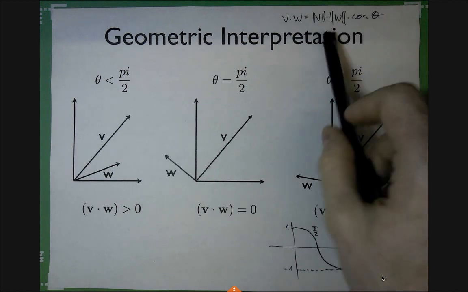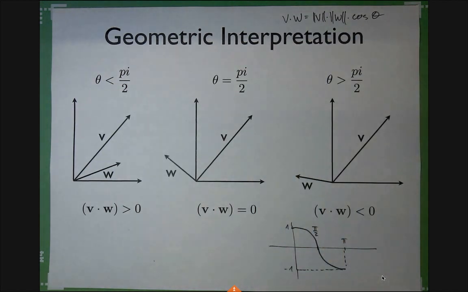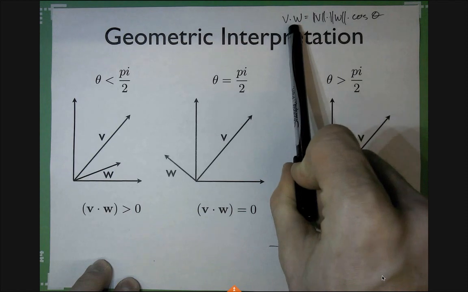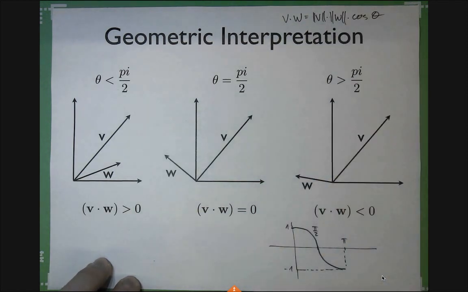Now here's the cool thing. The norm of V and norm of W, those are lengths of the vectors. So they are always non-negative numbers, right? At worst, it can be 0. There's no way it could be below 0, right? So the sign of the dot product is entirely determined by the sign of the cosine of theta, right?